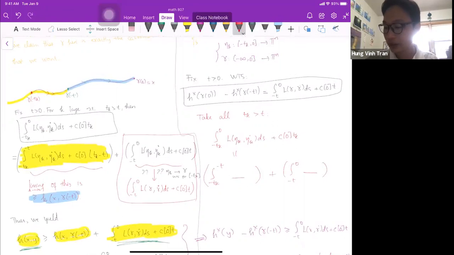And you see that we are only using eta k to construct gamma in a locally uniform way. We are using the uniform convergence on each of the compact intervals.